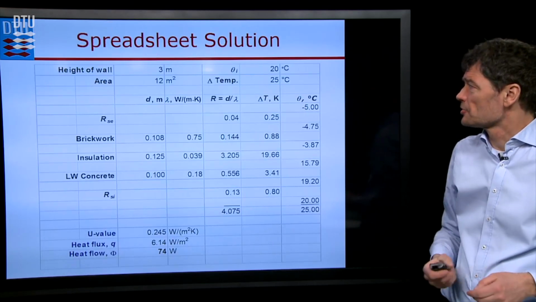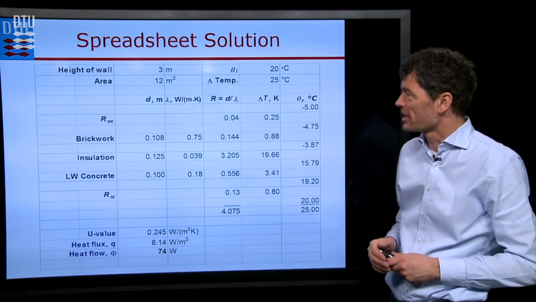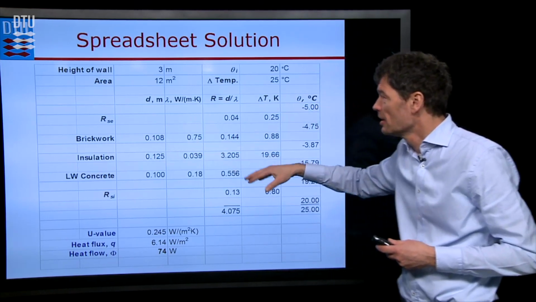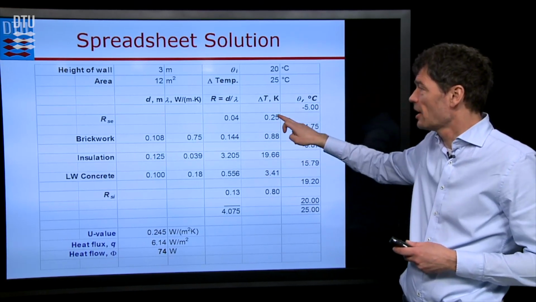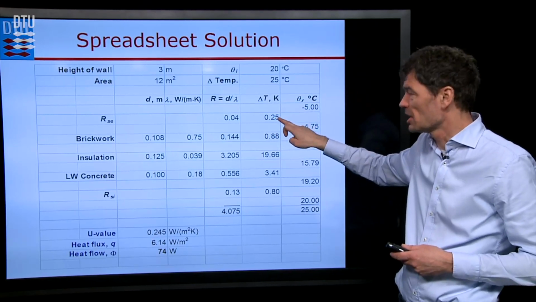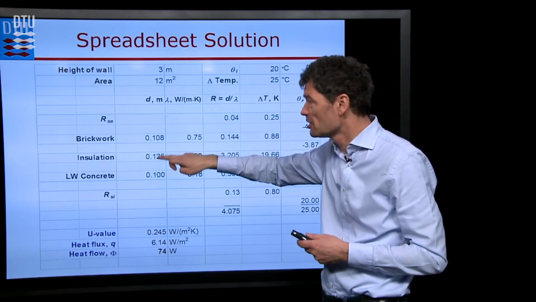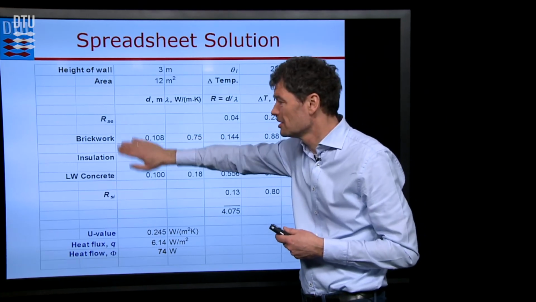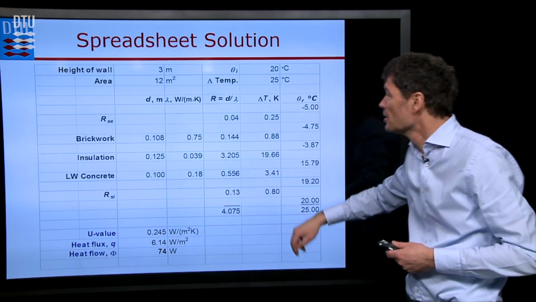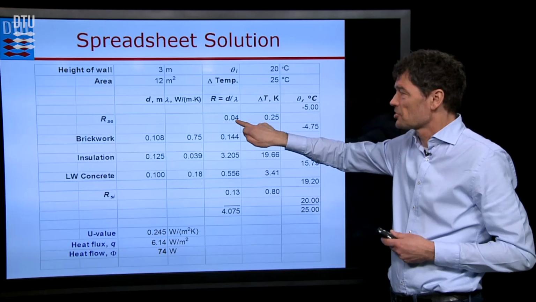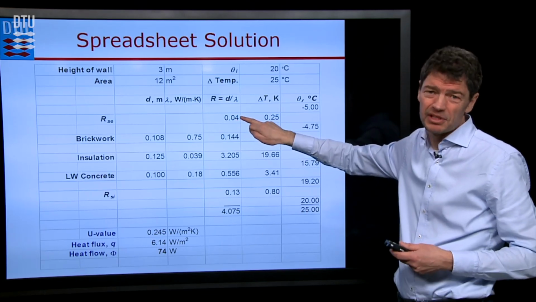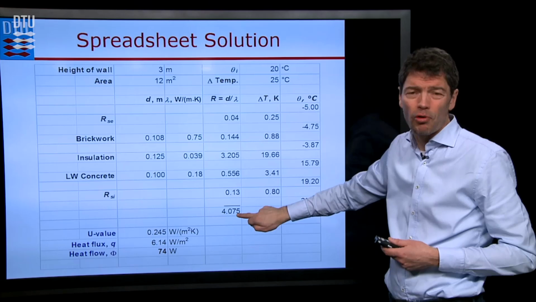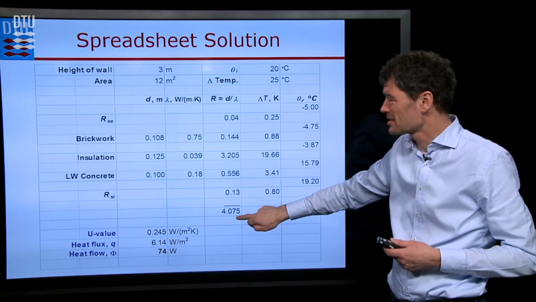So finally, I'll go back to the example again. It's more or less the same as before, the same layers, the same resistances. But now I've added the temperature drops over each of these three real building material layers and the exterior and interior surface resistances. For the exterior surface resistance, we have 0.04 as a ratio of 4.075, the total resistance.